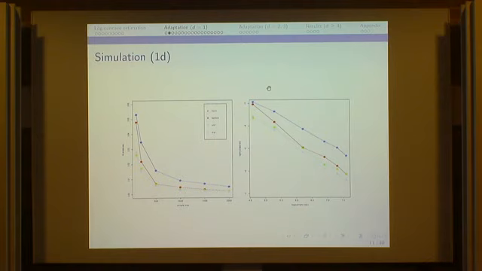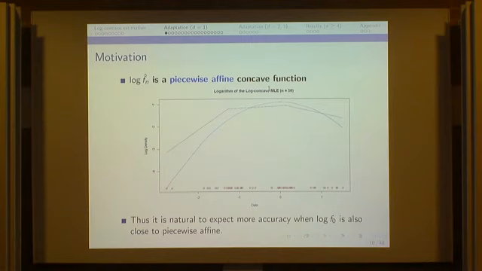Yes, so that's our guess, and we wanted to know whether it's really true in simulation. Before doing a lot of calculations, we always do some simulation, right? So here I generated samples from 4 different truths: normal, Laplace, uniform, and exponential. The reason I chose these densities is that we expect more accuracy when log f0 is close to piecewise affine.